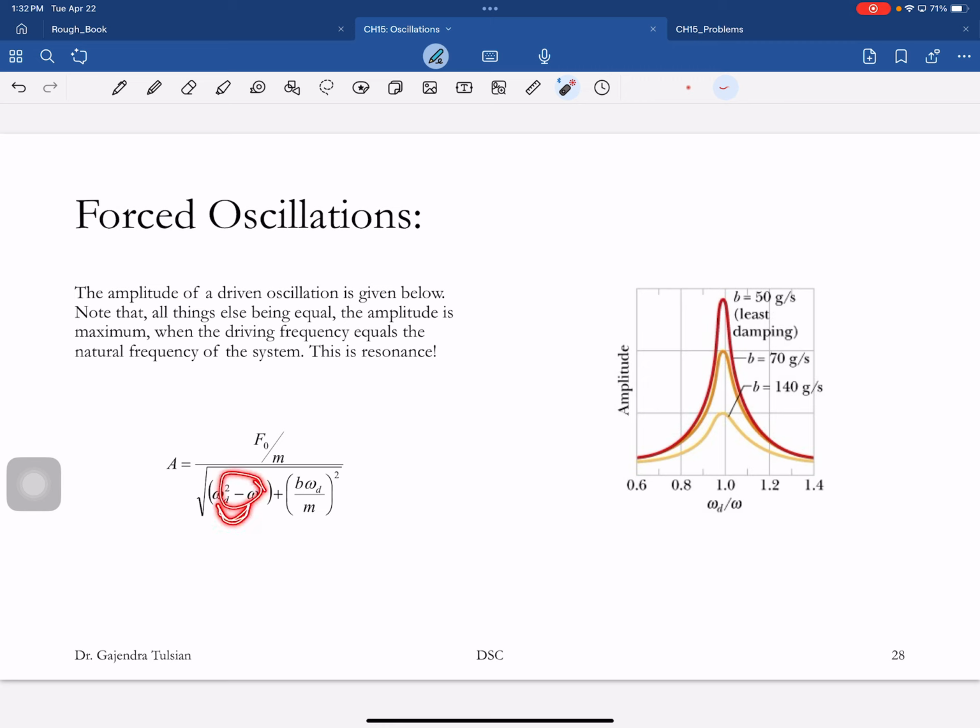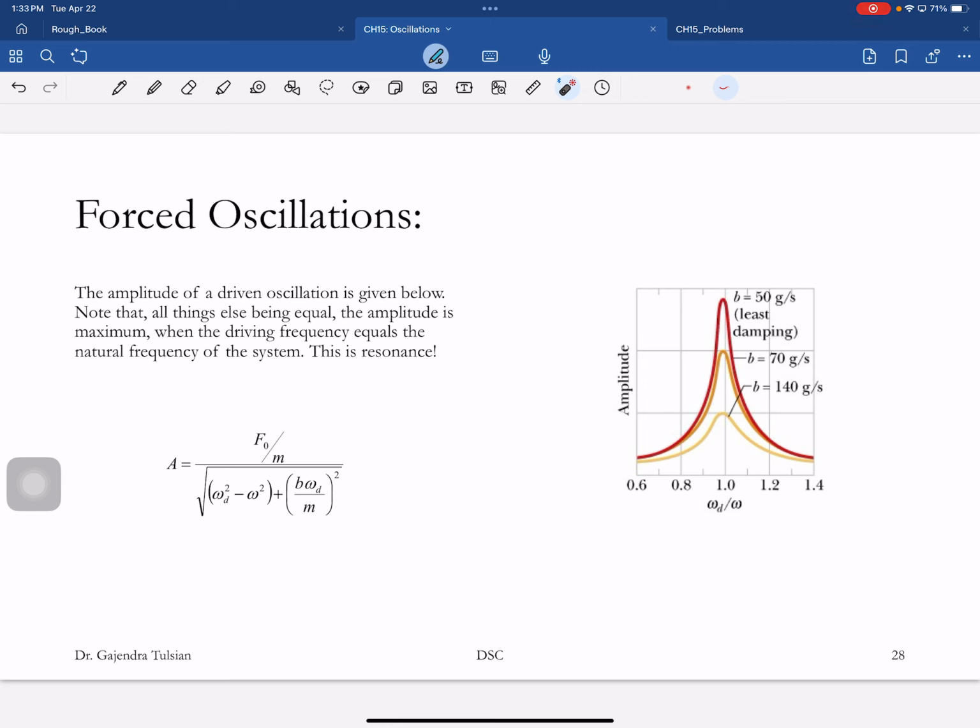Then this term goes to 0, and A is maximum. Notice the smaller b is, the greater A is. And that's what this graph shows you: the smaller b is, the greater the amplitude as the driving frequency matches the natural frequency.